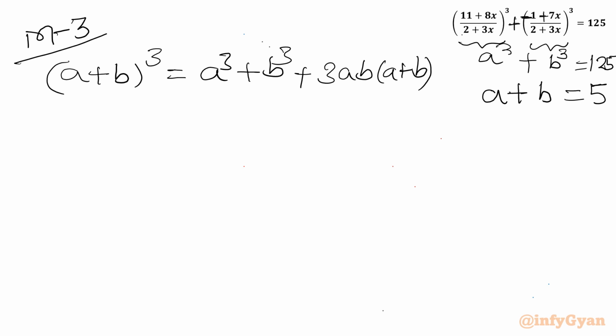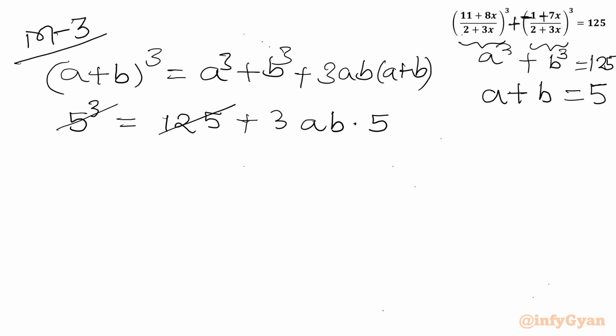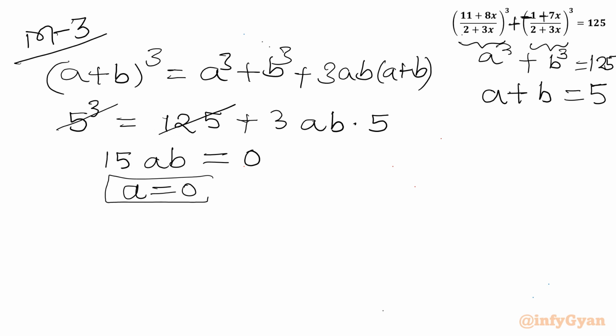So I will write here 5 cube equal to A cube plus B cube, 125, plus 3 times AB, A plus B is 5. So 125, 125. So ultimately we are getting 15AB equal to 0. Conclusion is either A equal to 0 or B equal to 0.